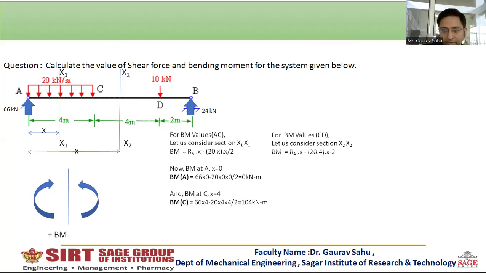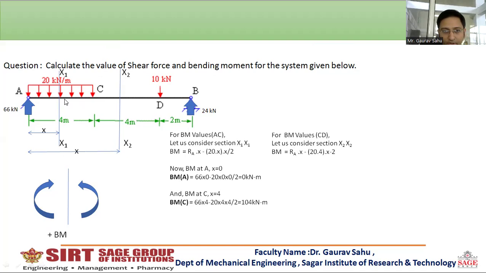X2-x2 section CD. Now how will you make the BM equation for this point? RA is upward, total distance is x, the moment is like this, with a positive sign. Then 20 into 4, because we are considering the left of this section, the complete span. Now this 20 into 4 is applied at the midpoint of the 4.